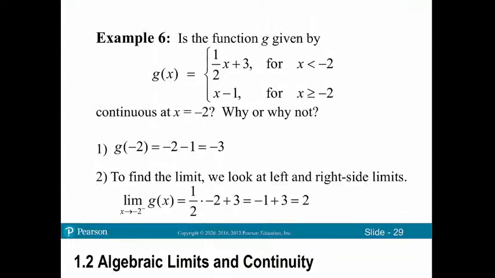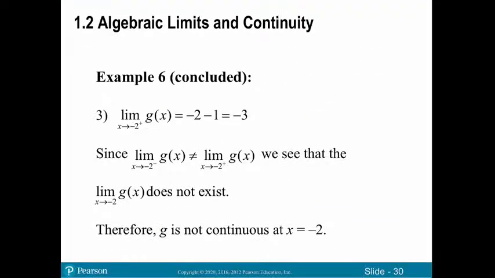But then coming from the right, we get -3, right? So since the limit as x approaches -2 from the left is not equal to the limit as x approaches -2 from the right, we see that the limit as x approaches -2 of g of x does not exist. Therefore, g is not continuous at x equals -2. Okay?